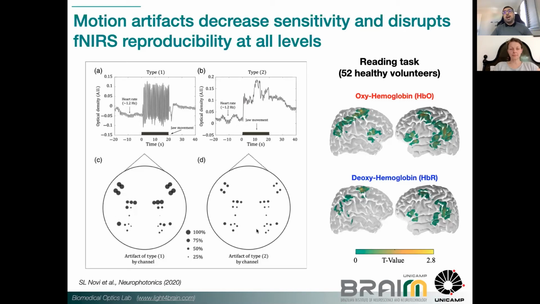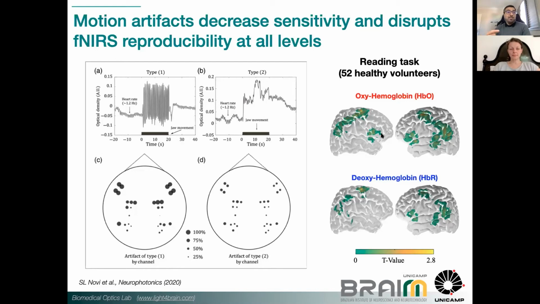The change in baseline can also happen in different places, not only the anterior side where your actual motion is being originated. And what this does is decrease the power to detect the change that you are looking at.